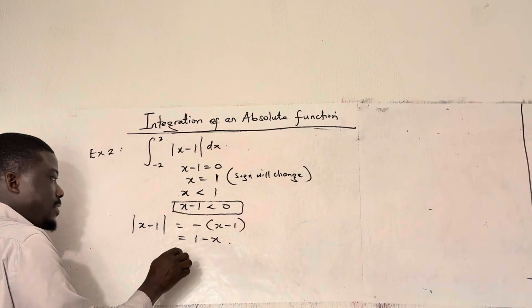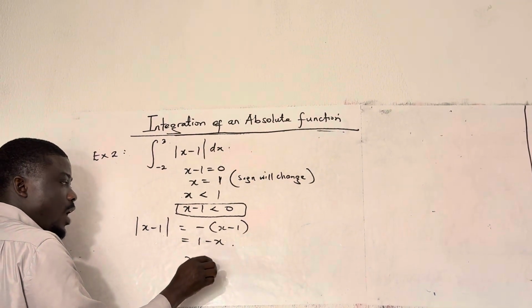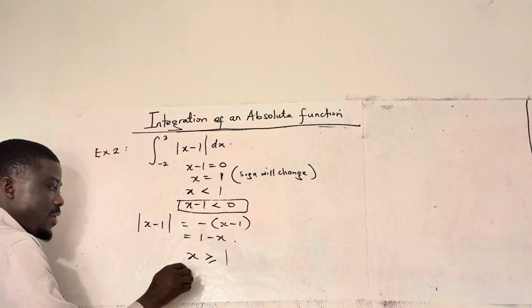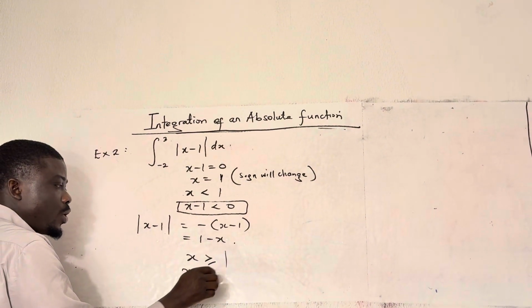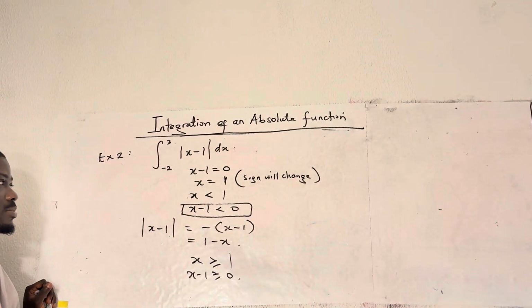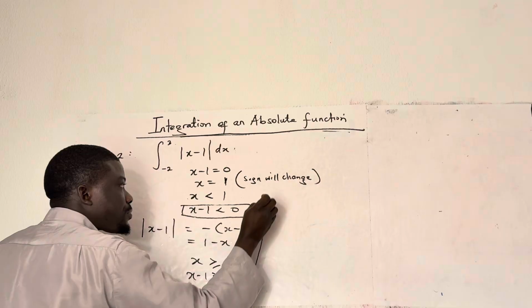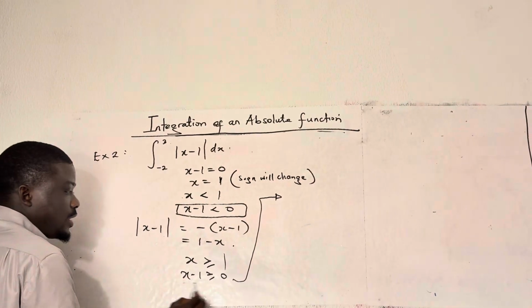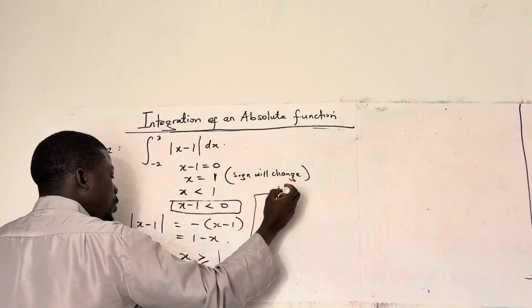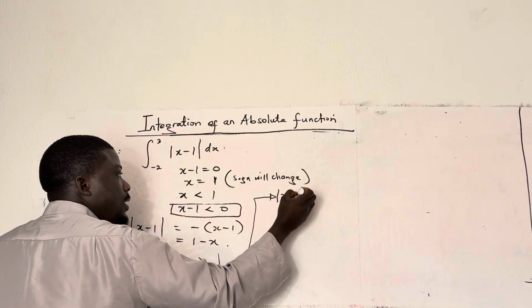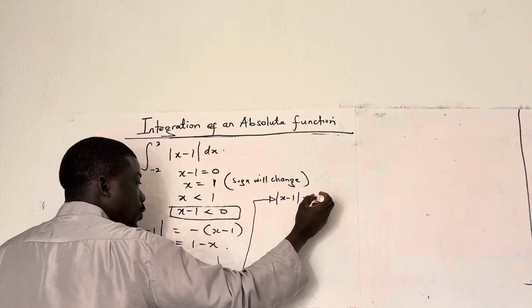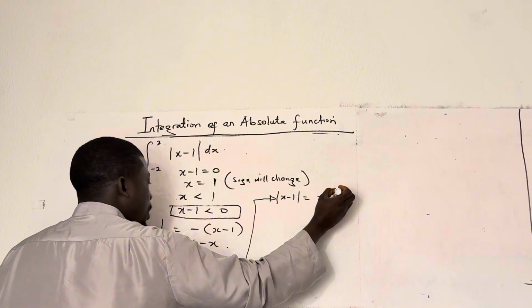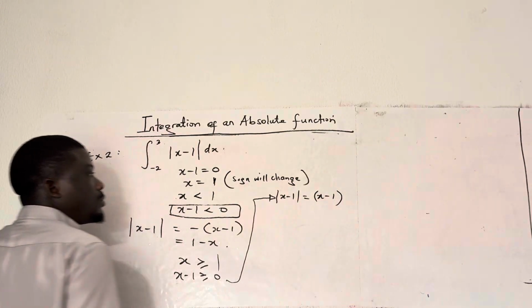Now, when x is greater or equal to 1, we have x minus 1 to be greater or equal to 0. At this point, we have the absolute value of x minus 1 to be positive, where we have x minus 1.